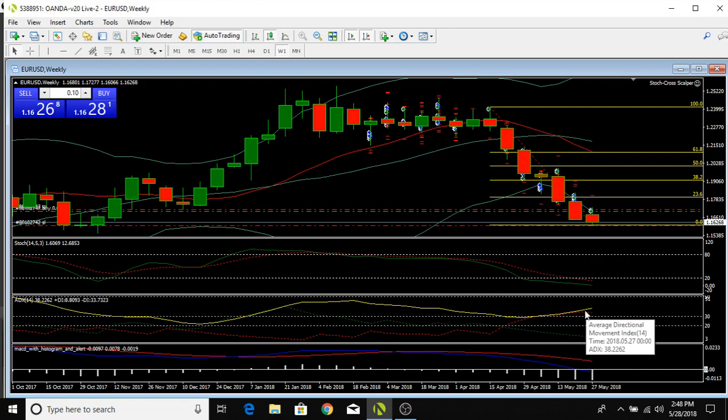This yellow line on the average directional movement shows that the trend is going up, and of course we know that it is a downtrend, though what would indicate a downtrend here is starting to weaken.